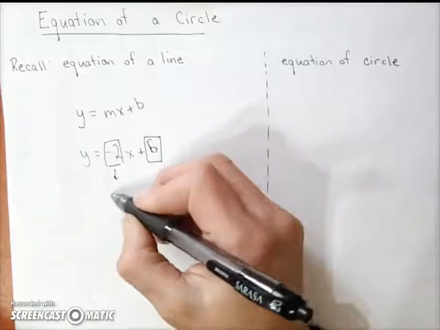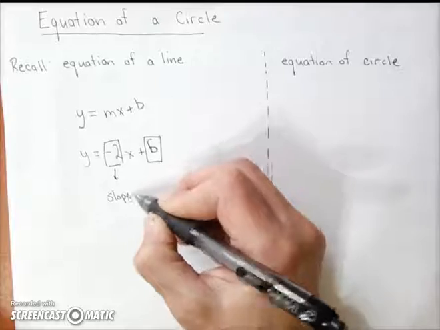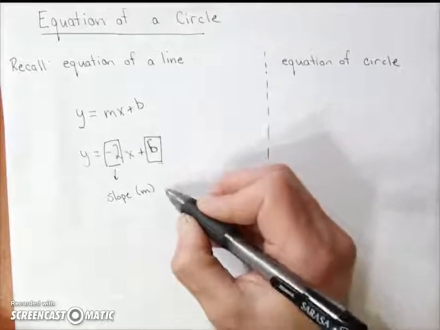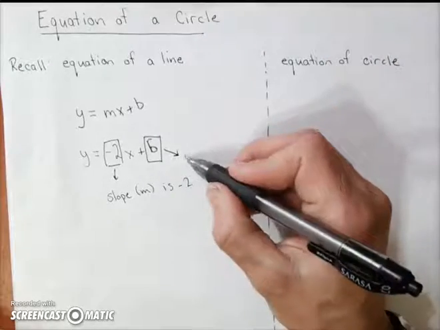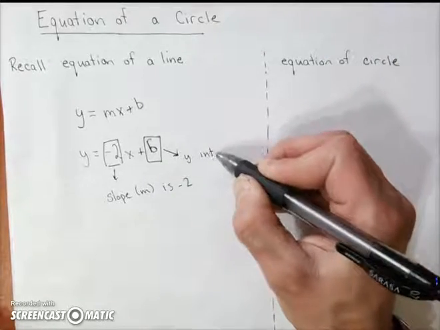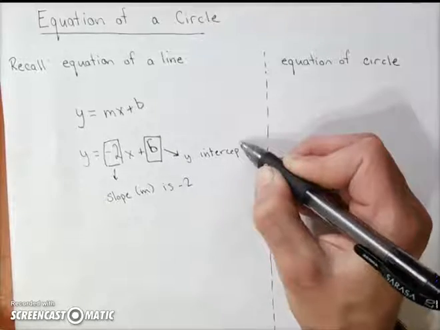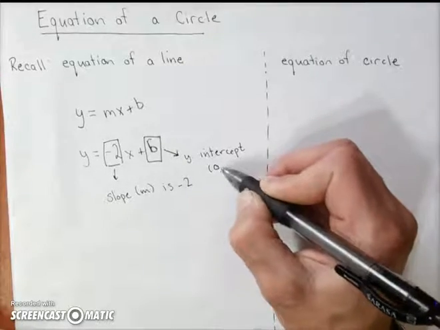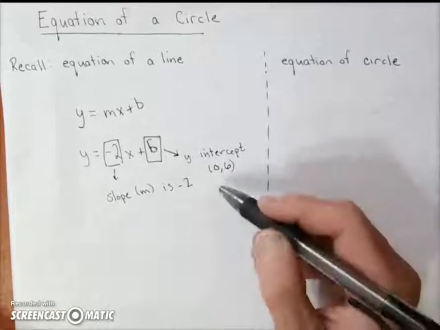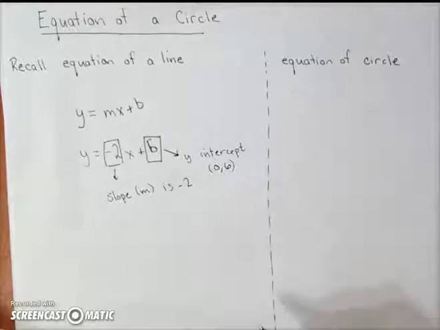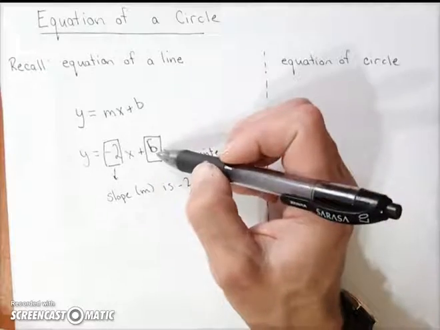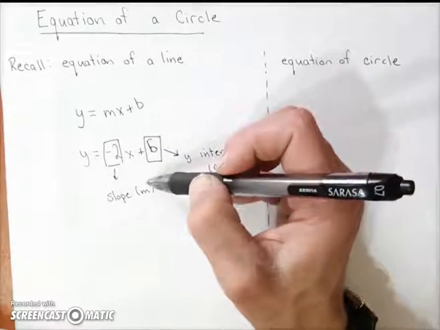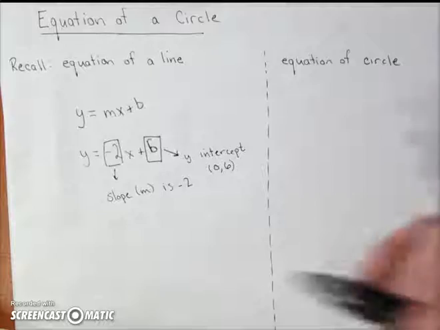This told us that the slope, which we usually call m, is minus 2. And this told us that the y-intercept was (0, 6). So it intercepted the y-axis 6 units up. So these numbers gave us some geometrical information, even though they're just numbers in an equation.